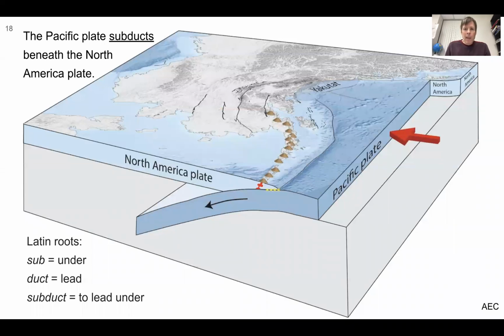Here's a picture of the setting for Alaska. It starts to be a three-dimensional view. We have Alaska on its side, Canada in the background, and we have this Pacific plate goes underneath the North America plate. This is called subduction. The Latin roots sub, under, and duct, lead. Subduct meaning to lead under.